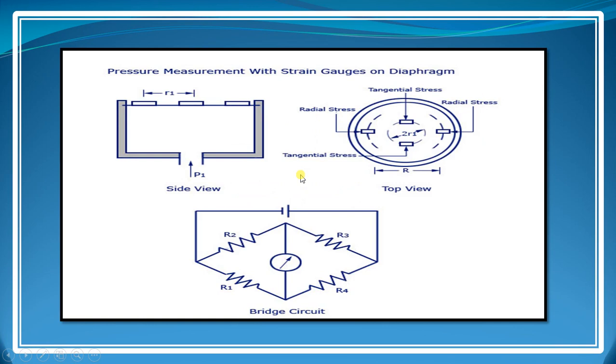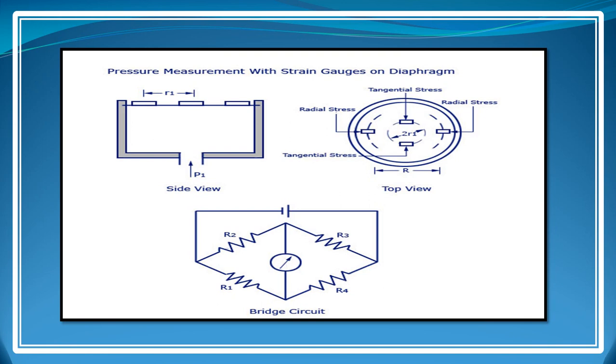The third one is resistive or ohmic pressure transducer, that is made by diaphragm. So normally we use a strain gauge on the diaphragm. We can place a strain gauge on the diaphragm. When the diaphragm deforms, it also deforms the strain gauge, and you all know when the strain gauge deforms, it changes its resistance.